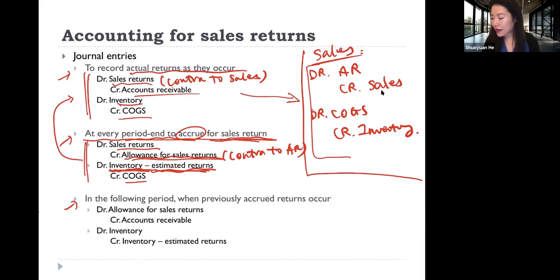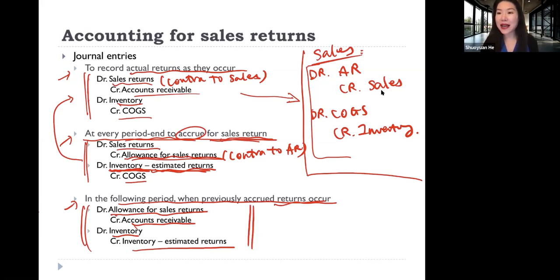In the following period, if the previously accrued return actually occurs, what I do is debit allowance for sales return and credit accounts receivable. I debit inventory and credit inventory estimated return. So for this journal entry, is there any income statement effect?